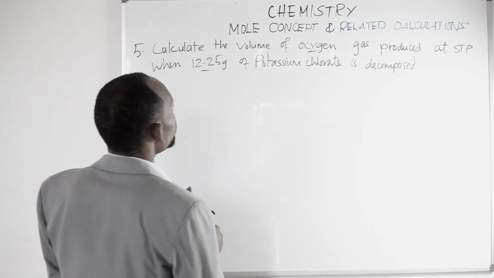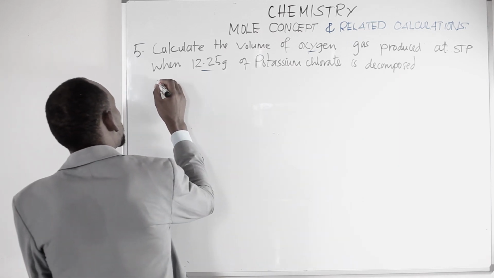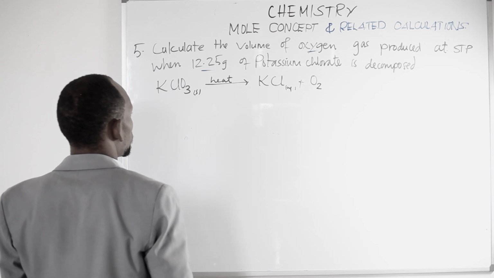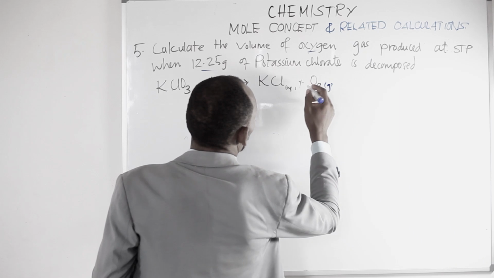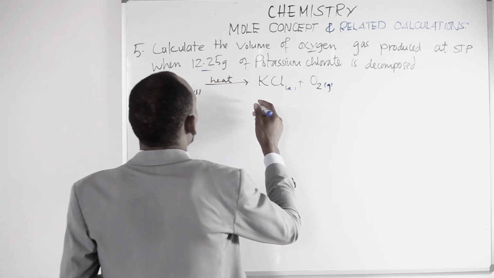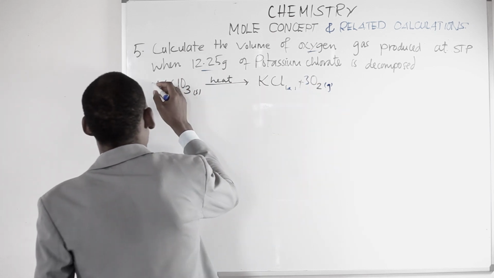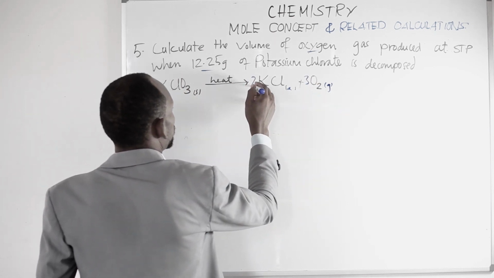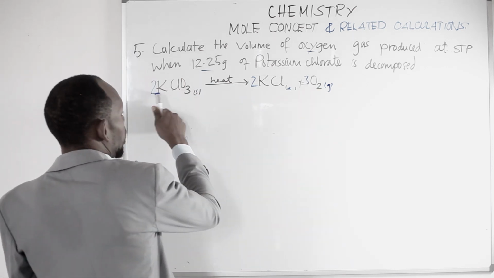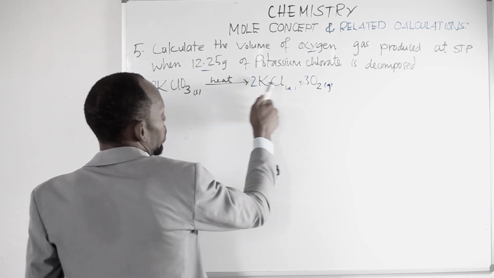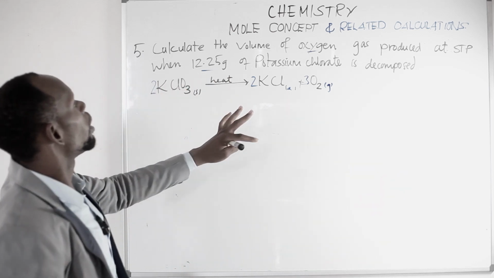Because this potassium chlorate is decomposed, we write potassium chlorate, a solid, decomposing to potassium chloride, a solid, and oxygen, a gas. To balance the oxygen, we write 3 on the oxygen side, so we need 2 potassium chlorate and 2 potassium chloride. We find 2 potassium, 2 chlorine, 6 oxygen on each side. Now it is balanced.